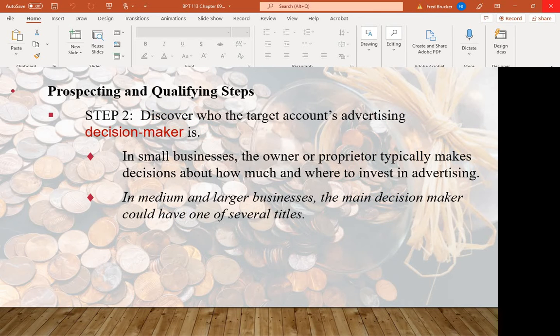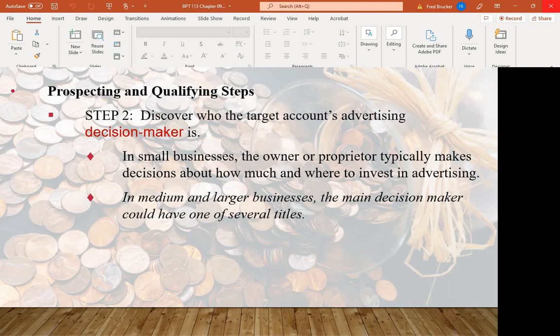Step 2, discover who the target account's advertising decision maker is. And most of the time, it's going to depend on the size of the business. In small businesses, generally, you're going to deal with the business owner. They make the decisions for the business, including how to spend the business's money.